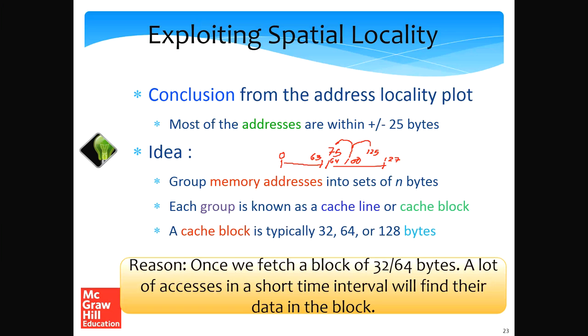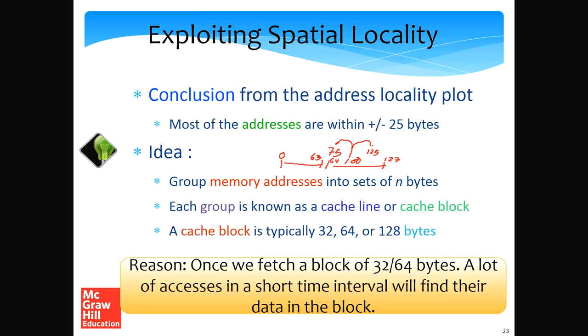So this basically means that if, let's say, we start a program by accessing address 100, in very, very high likelihood we'll be accessing most of the addresses in the range of 75 to 125, as per our plot, in a short span of time.